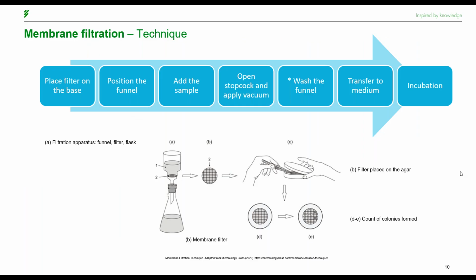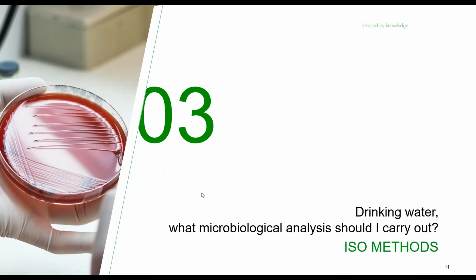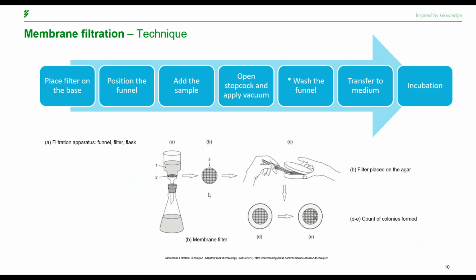You begin by positioning the sterile funnel, which would be this one, over the flask and holding it securely. Then with sterile flat-tipped forceps, the filter, which would be this one, is placed on the base, which means the porous plate of the filtration apparatus, with the grid facing up.